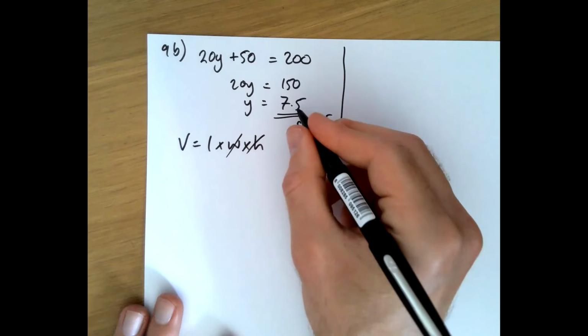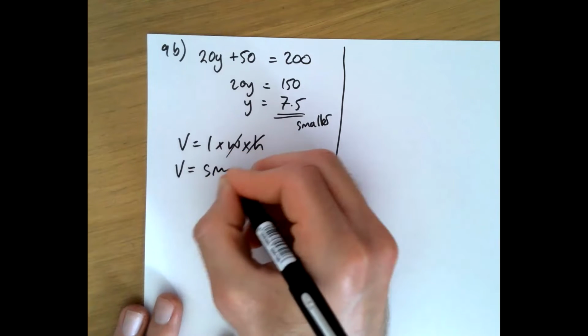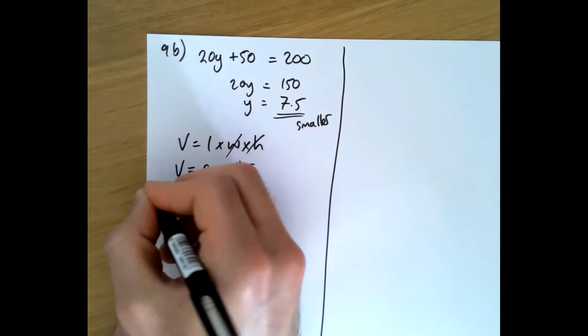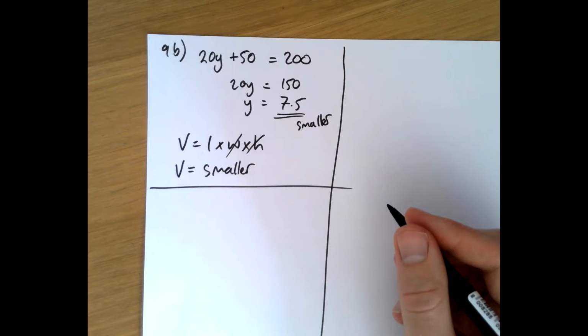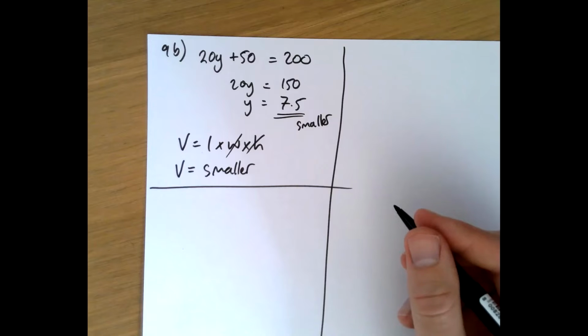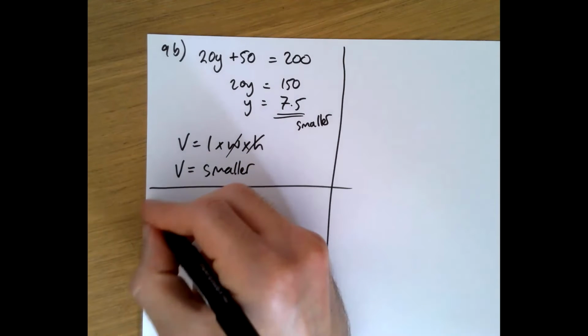The length is getting smaller, so you should be able to see that the volume is also going to get smaller. So the answer is smaller than part A. Okay, 4 marks. A lot of these questions, you just got to be methodical about it and pick up the marks as you go.